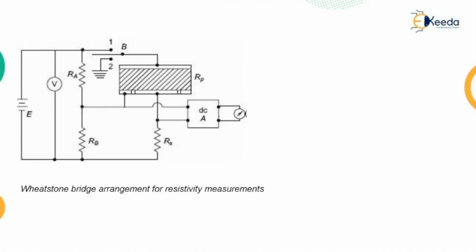The Wheatstone bridge arrangement is also used, and one of the resistances, RA, is made variable for balancing the bridge. Here RA must be used to balance the resistance. The arrangement is the same. Here you have a switch. The switch is placed at position 1 whenever you need to test the specimen for the resistance, right?